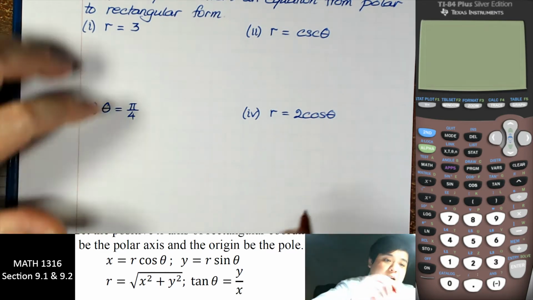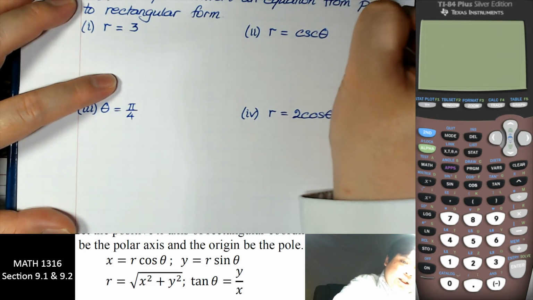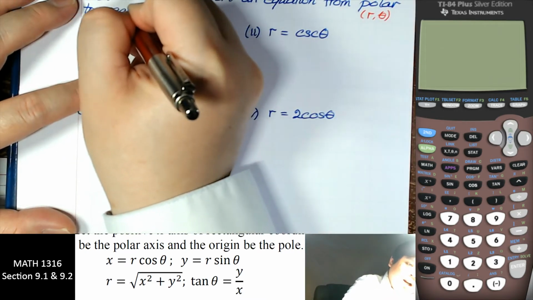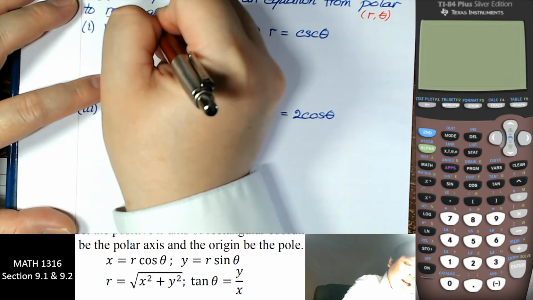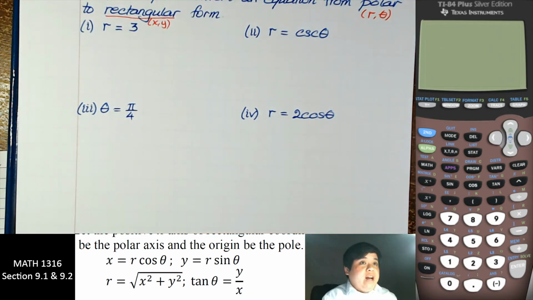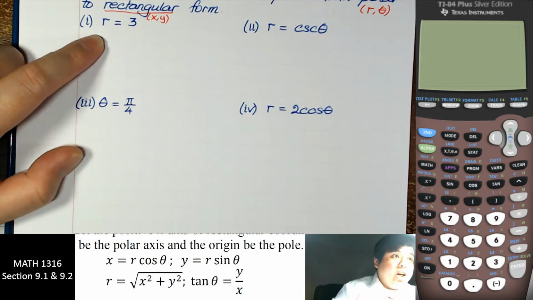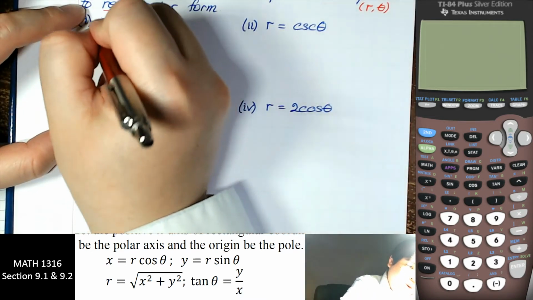So equation from polar meaning we have r and theta, and then rectangular meaning that x and y. So somehow we change this equation to the equation that has x and y in it. We're done. Right. So first thing we have r. And r equal to square root of x squared plus y squared.